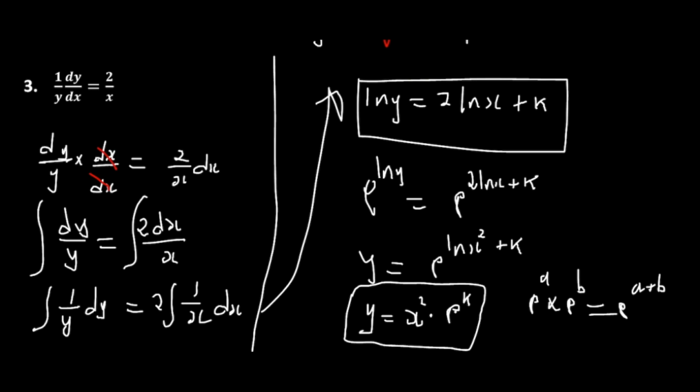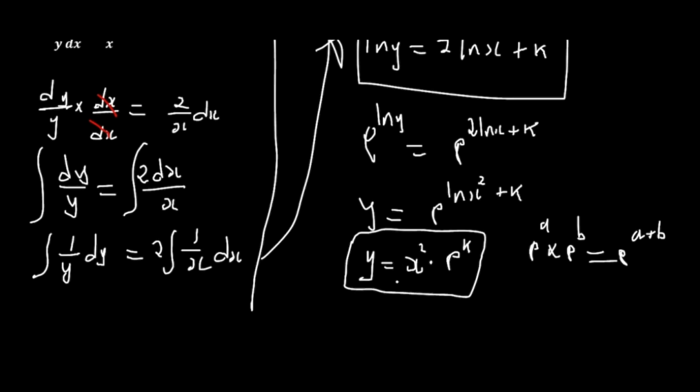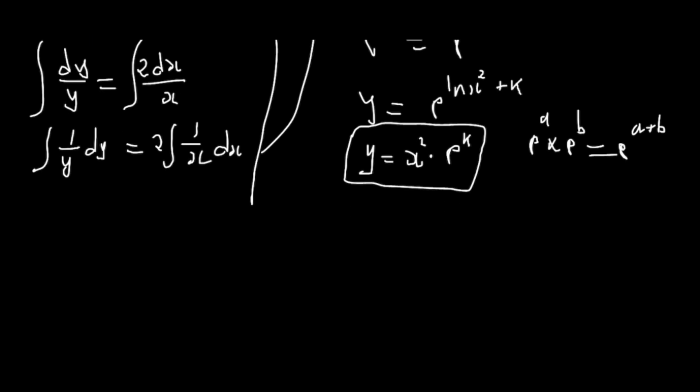Now k is a constant, e is a constant, so all of this can be written as a constant. Therefore, our final solution will actually be y equals a constant, let's say t, times x squared. So that is it, and this is clearly a quadratic function.